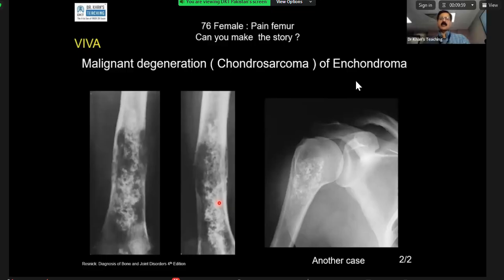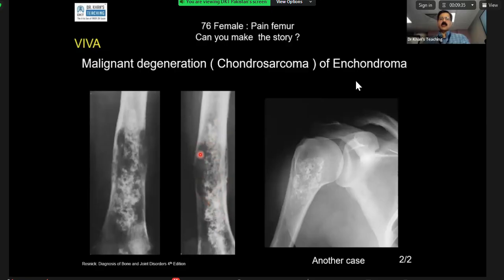And on the other hand, enchondromas can malignantly degenerate. And in this particular case, this is punctate calcification. This case is a story. It tells you a story. The story is that originally this lesion was an enchondroma, and then it develops a lucency.